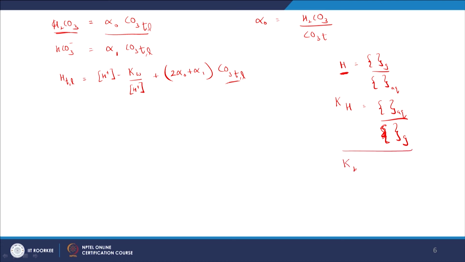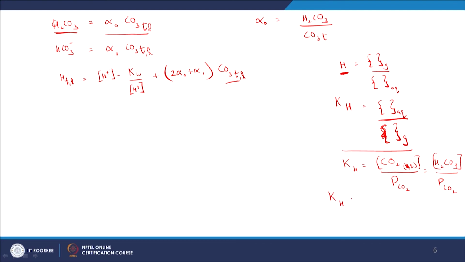The Henry's constant is going to be equal to the concentration in the aqueous phase, CO2 in the aqueous phase, by the concentration in the gaseous phase, which is going to be equal to PCO2, and we know that this is going to be equal to H2CO3 concentration by PCO2. And what does that mean?